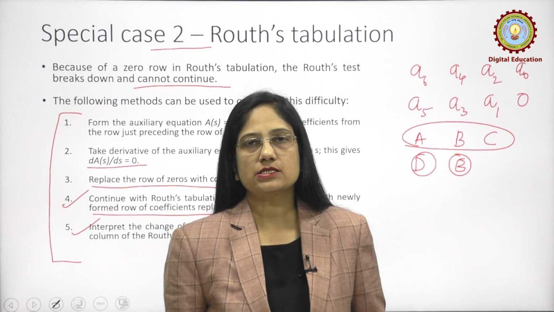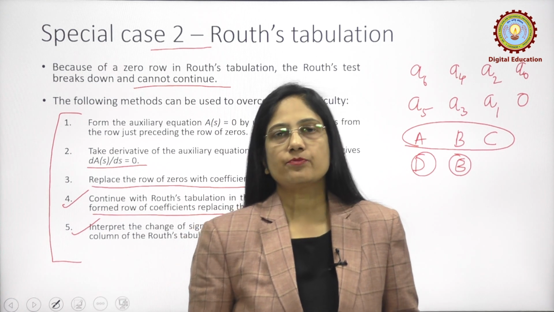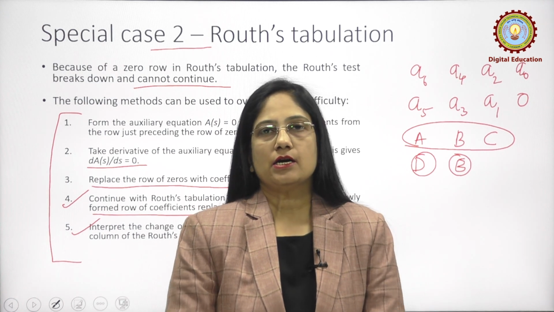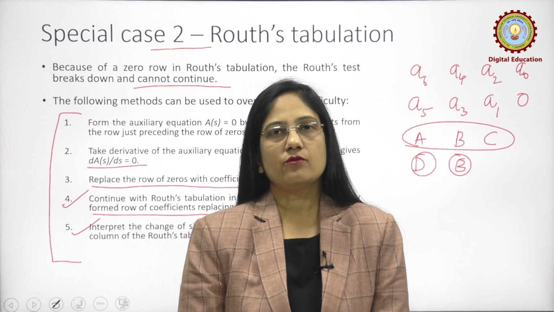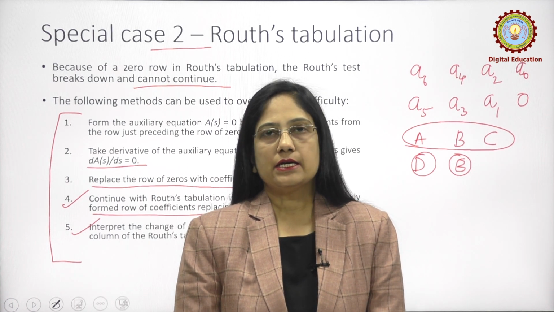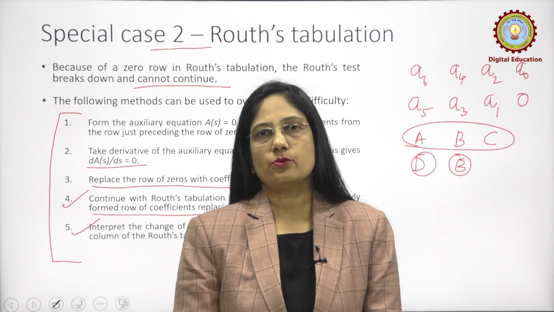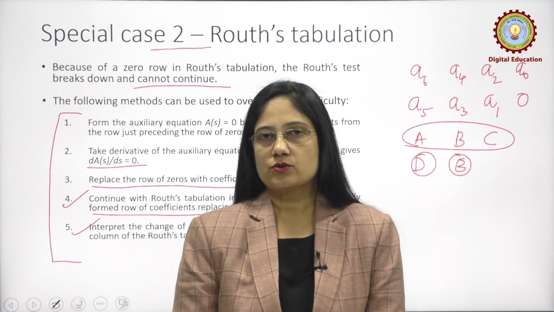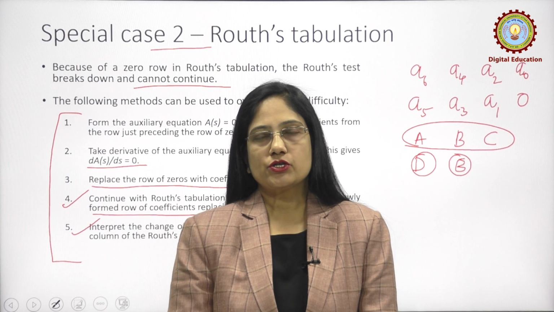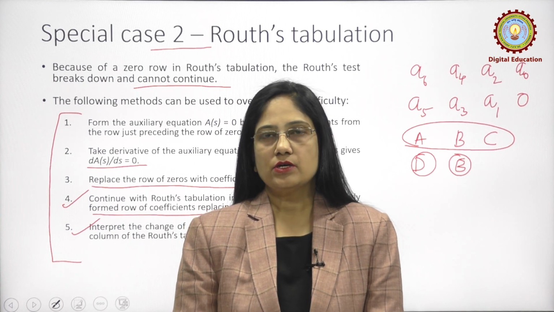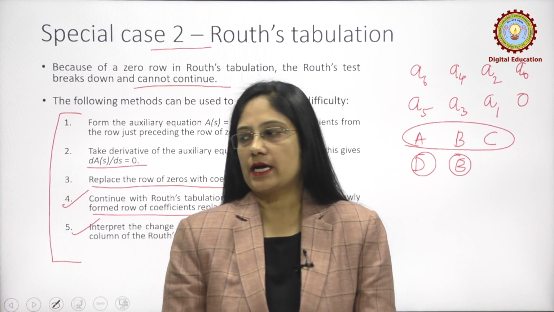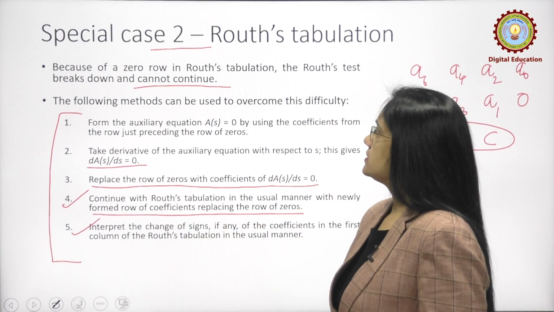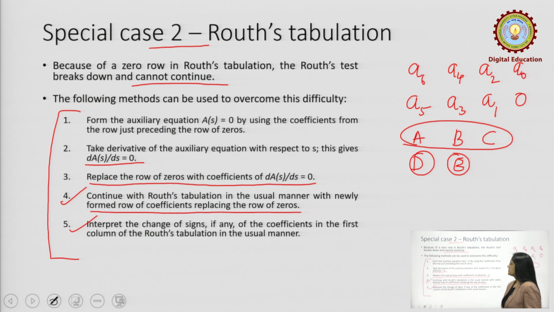In that case, we look at those coefficients preceding the row of zeros, form an auxiliary equation, then take the derivative of the auxiliary equation with respect to S, substitute the coefficients of the derivative in the row of zeros and then proceed with the Routh tabulation. This is the solution for special case 2.